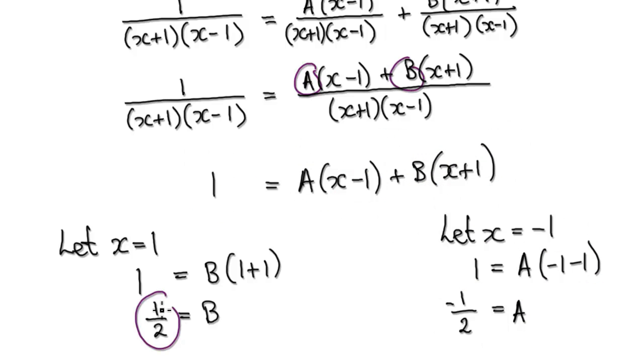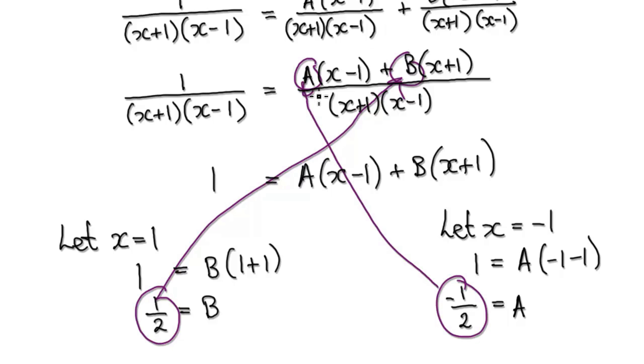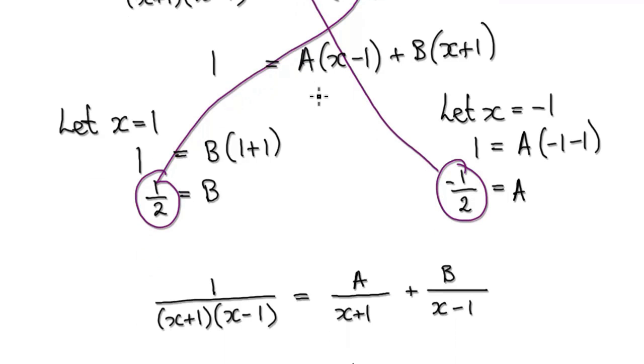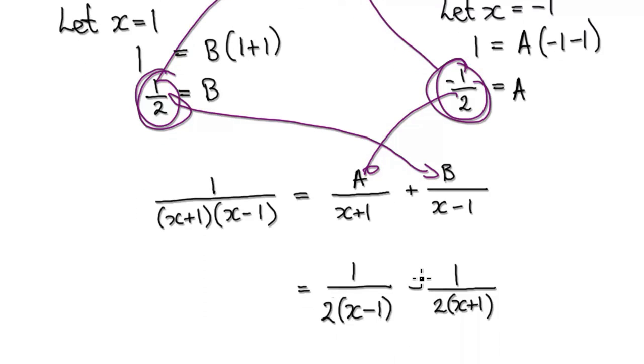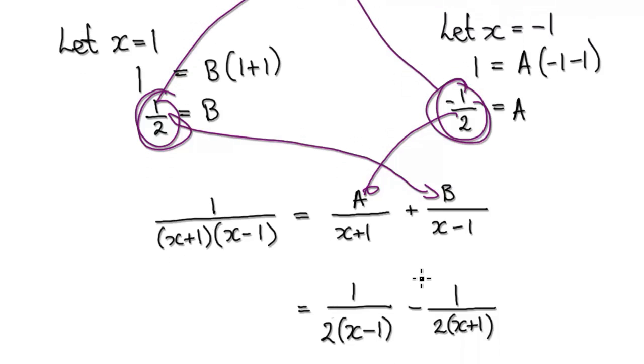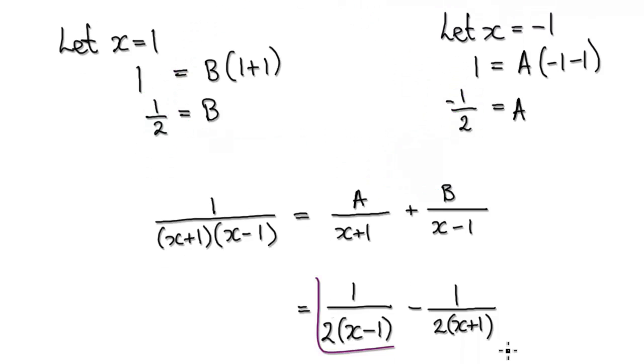So we can just put this into here and put this into here. So going back to this, we can put this into our a, we can put this into our b. So that will then give us this.